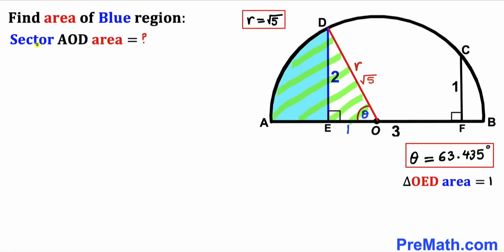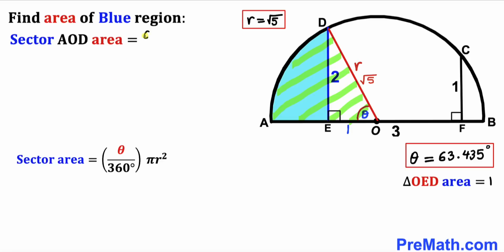In this next step, I am going to calculate the area of this sector AOD, as you can see over here. Let's recall the sector area formula: area equals angle theta divided by 360 degrees times pi r square. Let's fill in the blanks in this formula.